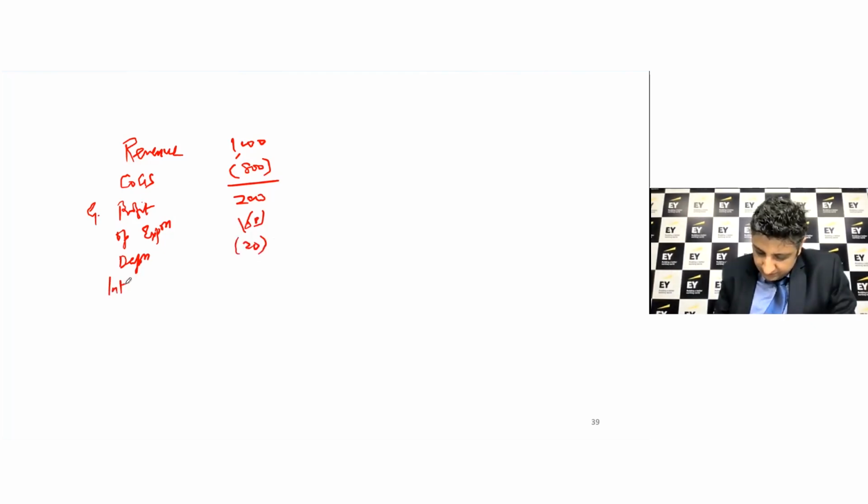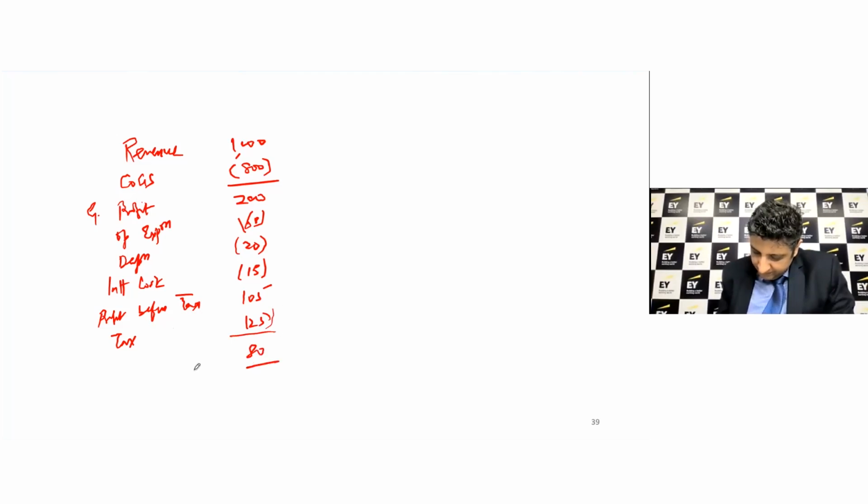There is an interest cost of, let's say, 15, and I get my profit before tax, which is 200 minus 95, so that is 105. Let's say tax is 25, which gives me my profit after tax of 80. Okay.